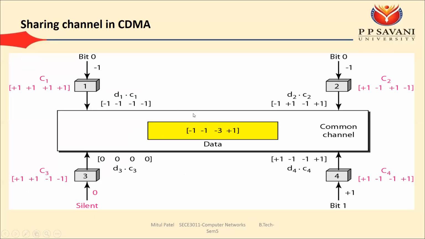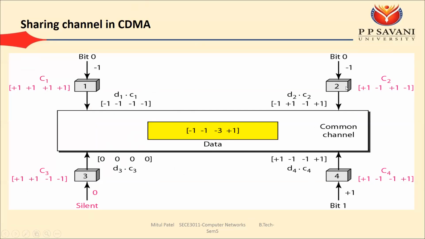So here we have the common data. This data is the total sum of station 1 plus station 2 plus station 3 plus station 4. Now here there is one security breach: station 3 can know what station 2 is sending.